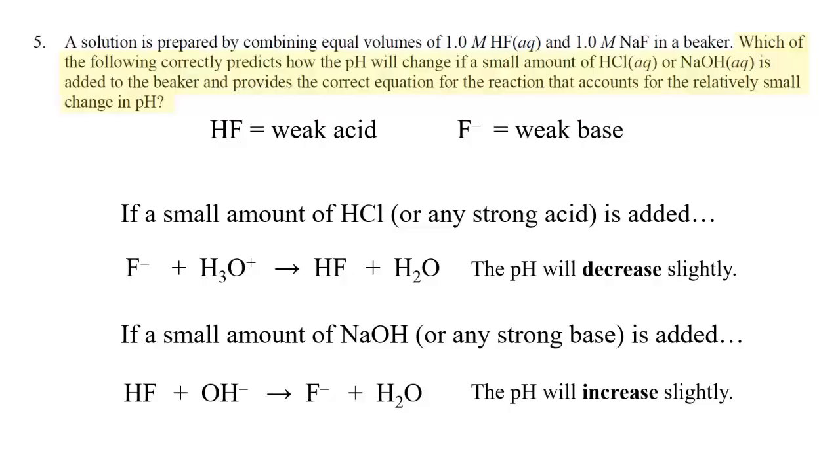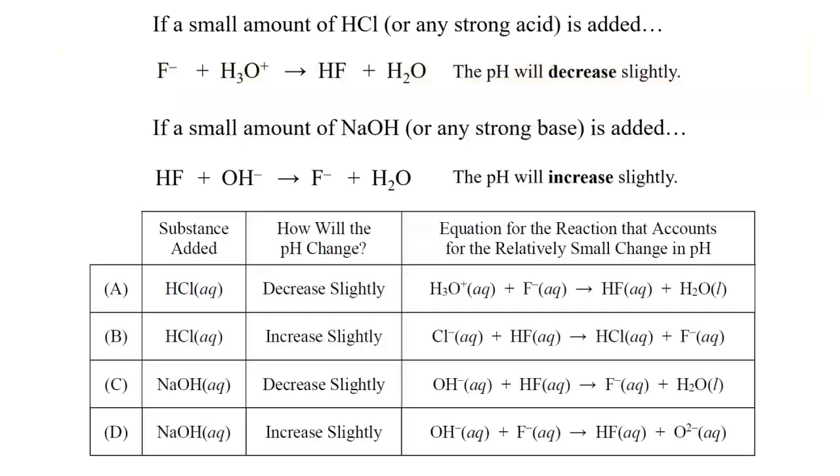Now let's examine the 4 choices listed in question 5 so we can possibly narrow down our choices and eliminate some wrong answers. In choices A and B, we can see that that would be a strong acid, hydrochloric acid. We know that the pH will decrease slightly. So we can eliminate choice B, which says that when HCl is added, the pH will increase. That's not true.